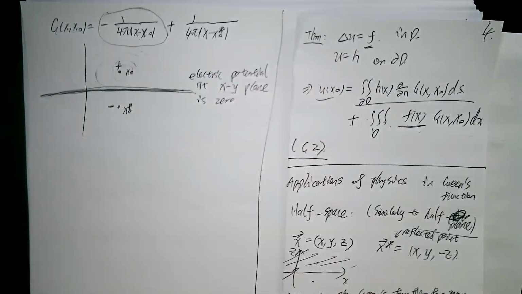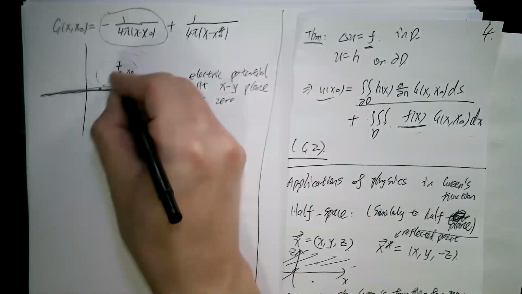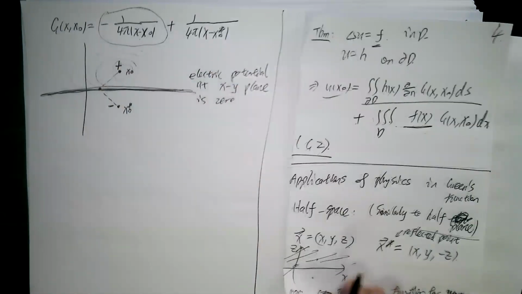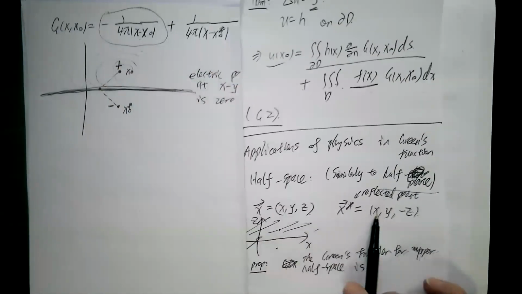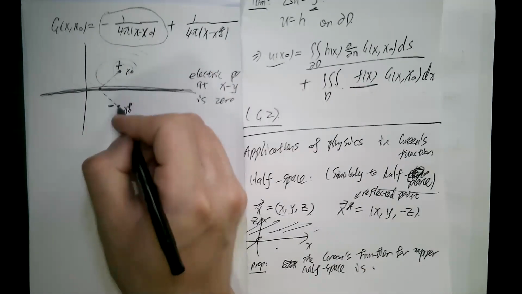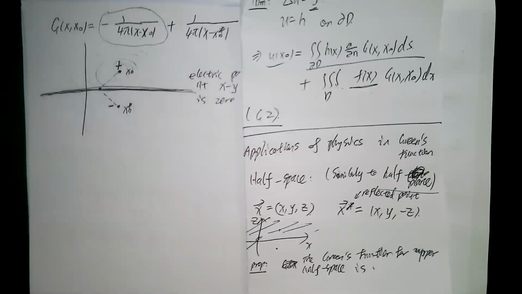Why is that? It's simply because if you choose any point on this xy plane, then by the definition of the reflected point, the distance between this point and x0 and the distance between this point and x0 star are the same.